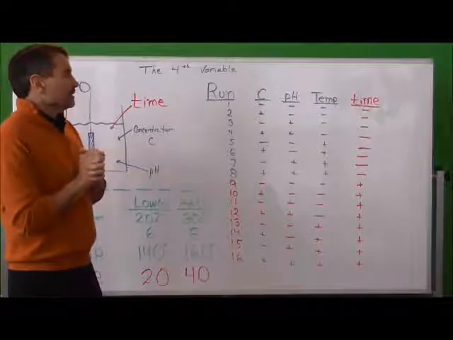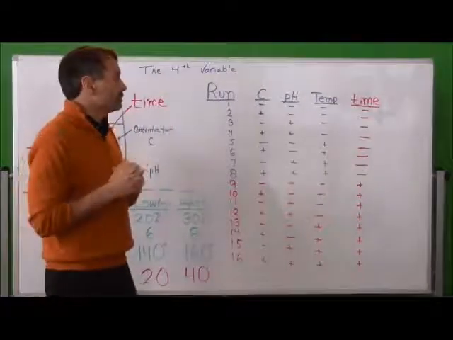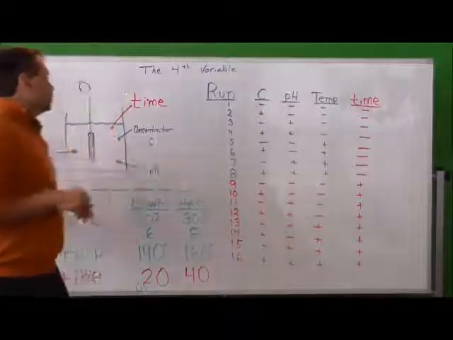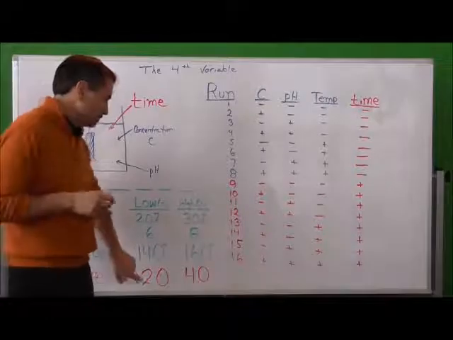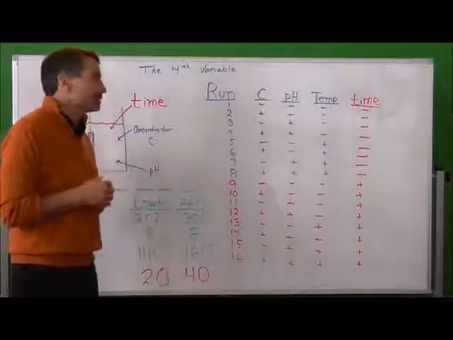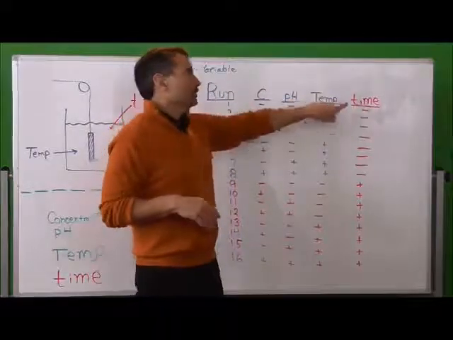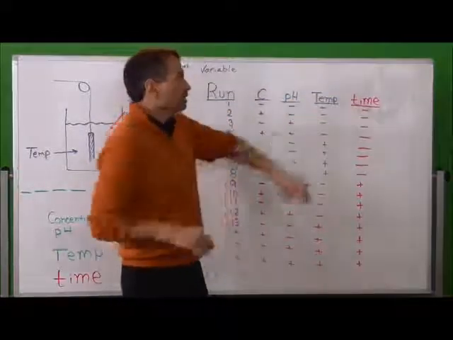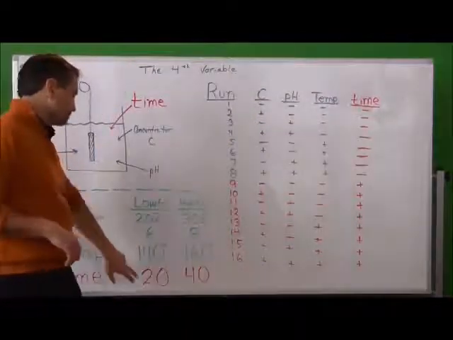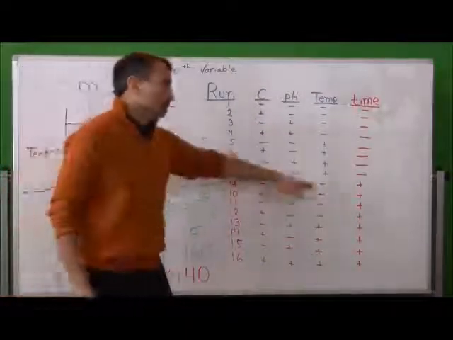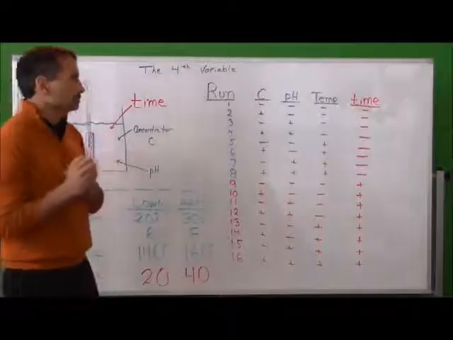Well, what we actually did is we came back and said, when we go to run it, there is that 4th variable, so let's add the 4th variable in there. One more time, the 4th variable is how long we left it in there. The time goes from 20 seconds to 40 seconds. All we do is add it into a 4th column, and we put 8 negatives, corresponding to the 20, followed by 8 positives, corresponding to the 40.